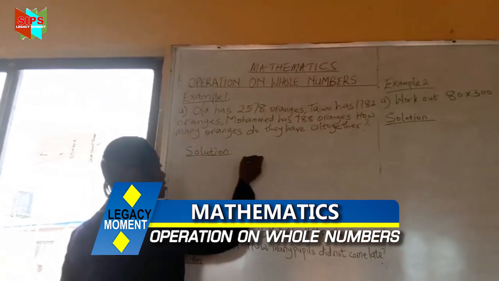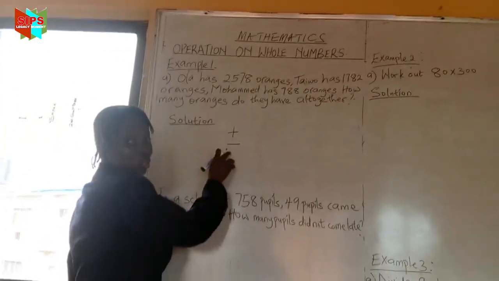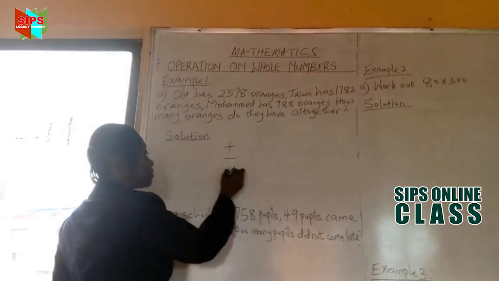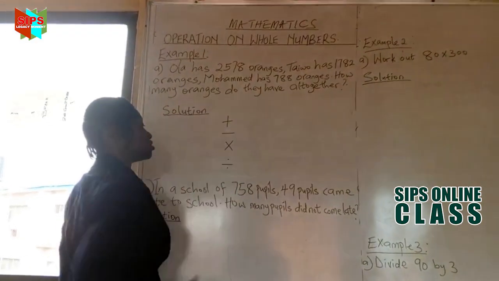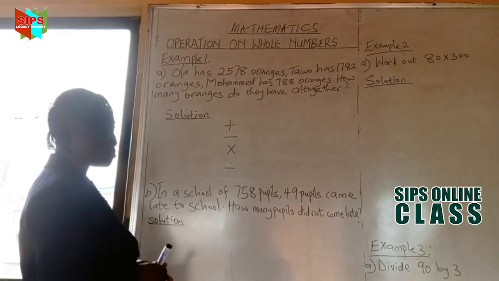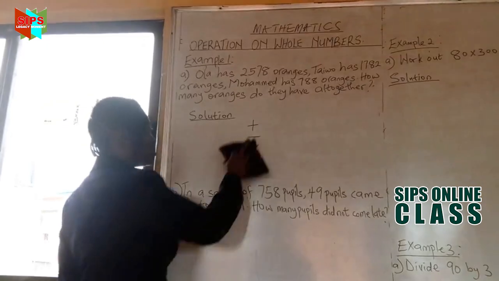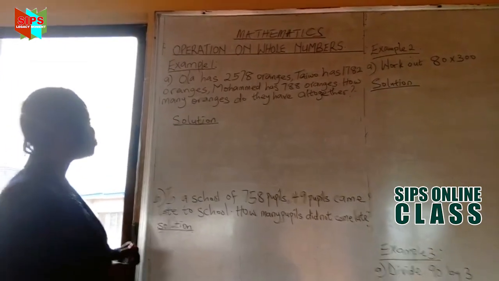We have this as the addition sign, the subtraction sign, the multiplication sign and the division sign. Please put all the signs in mind. So having established this, let's move on to example 1 on the board.